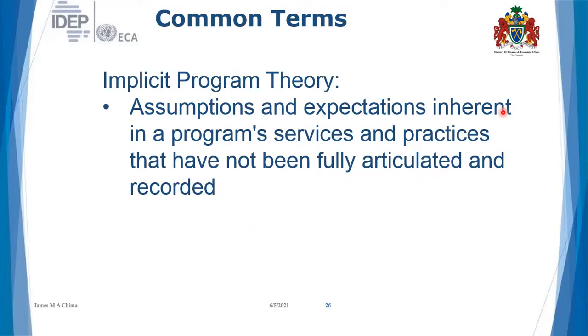This embodies assumptions and expectations that are inherent in a program's services and practices that have not been fully articulated and recorded. So it's operating on some assumptions and inbuilt expectations.